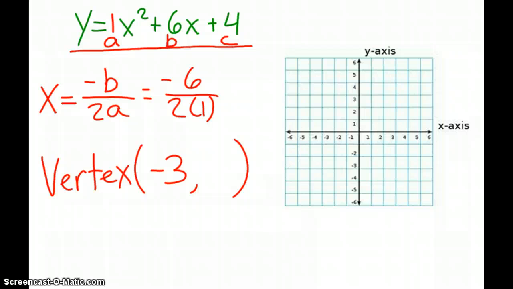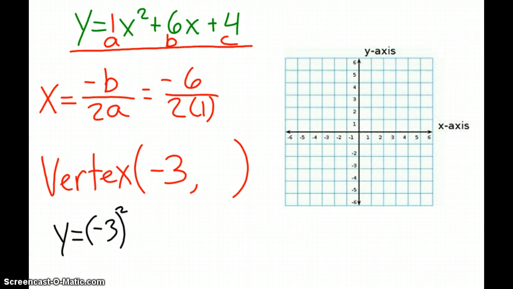So now, once I have my x value of my vertex, just like I've been doing with my intercept method, I need to find my y value of my vertex by plugging in a known x value to my equation. Y equals negative 3 squared.